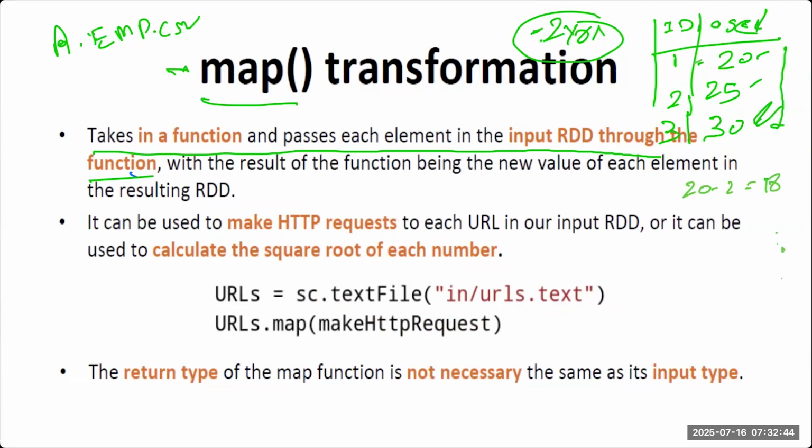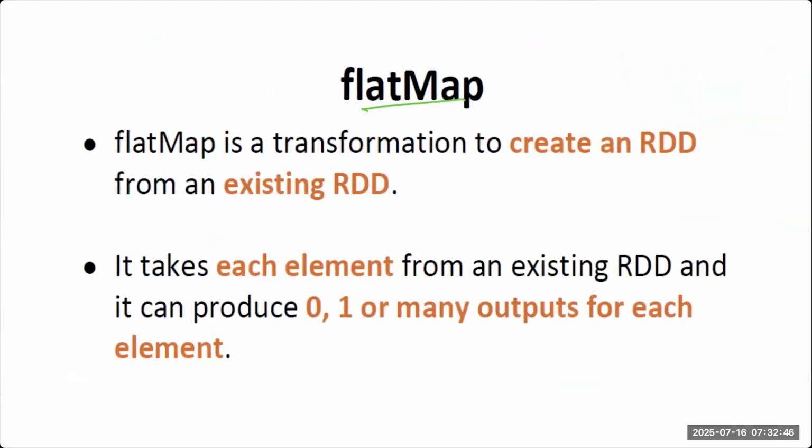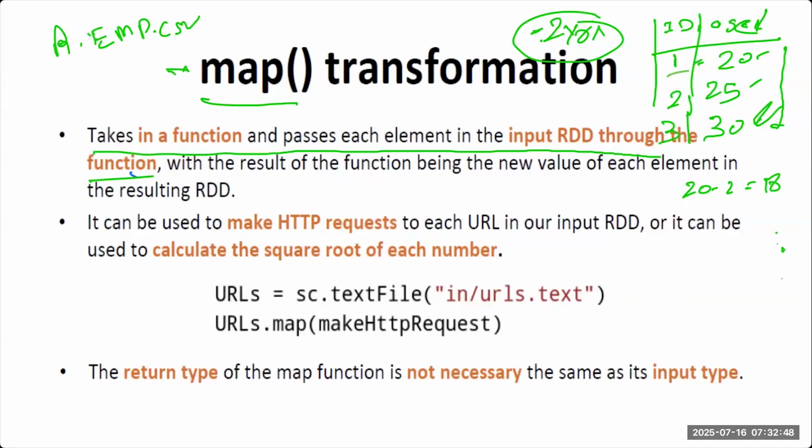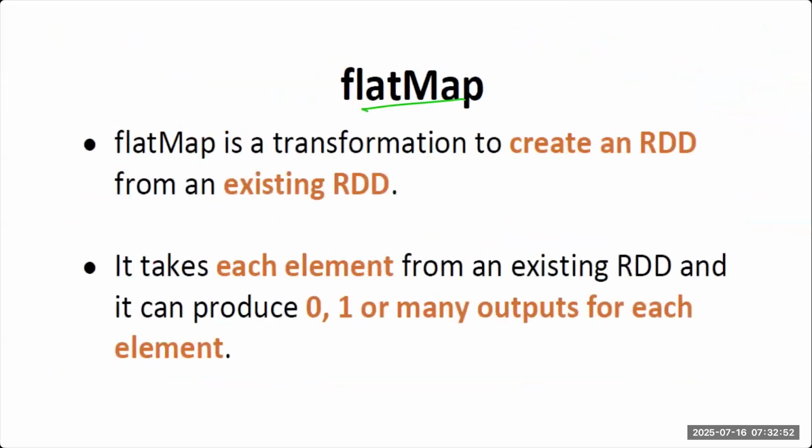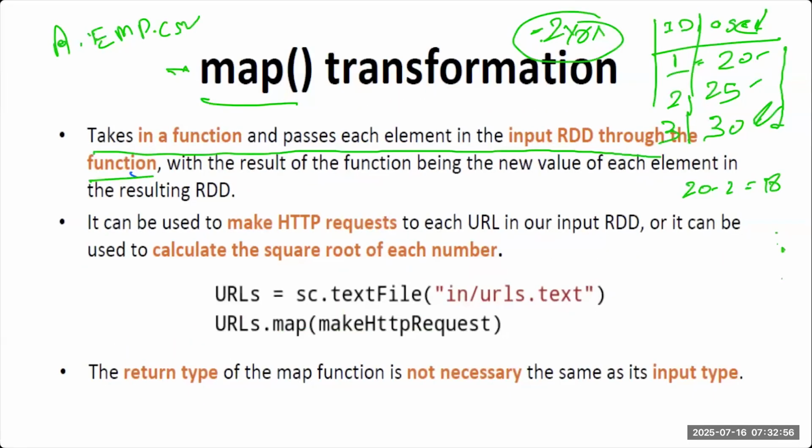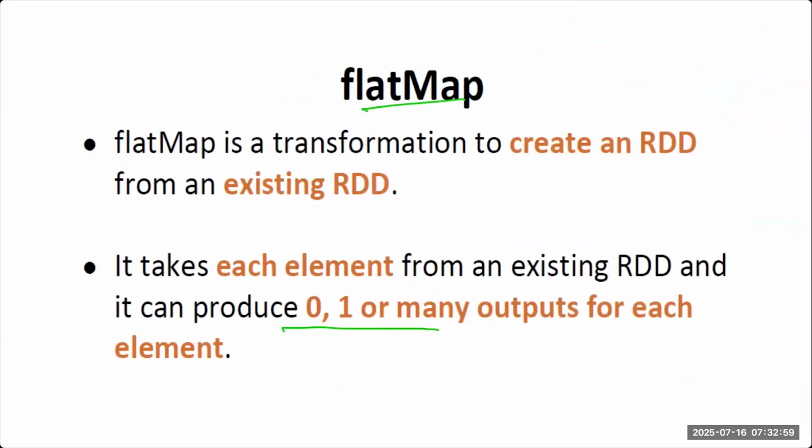But in flat map, it will take one element and it may return more than one element, or it can return zero elements also. In a similar way, it will go through all elements and do some action on each, and it may result in zero, one or many outputs for each element.